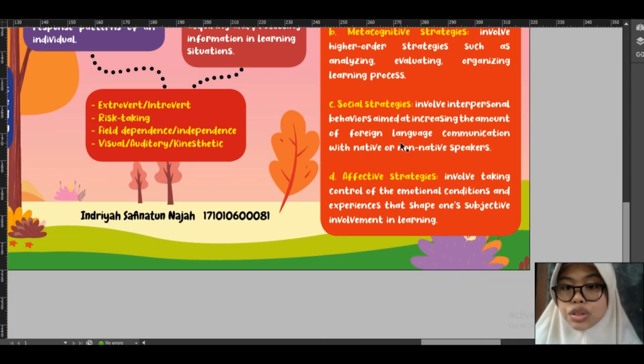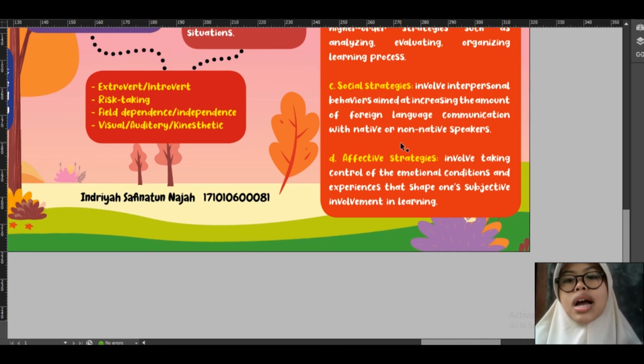The third is social strategies. It involves interpersonal behaviors that aim at increasing the amount of foreign language communication with native or non-native speakers. And the last is affective strategies. It involves taking control of the emotional conditions and experiences that shape one's subjective involvement in learning.